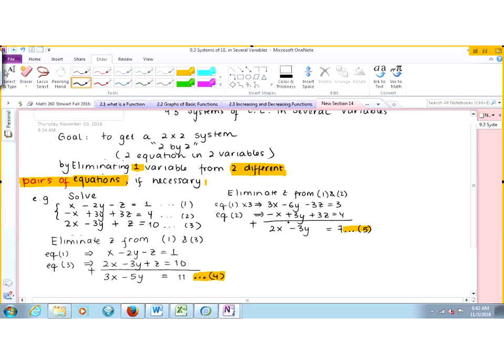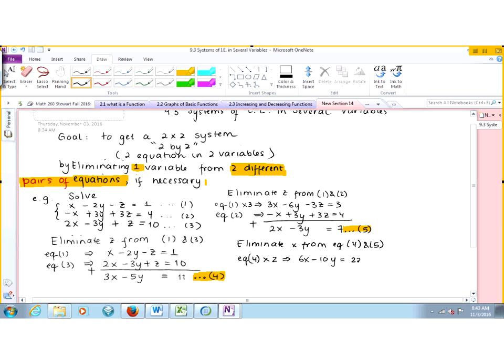What do we do? Yes, so eliminate x or y? X, from 4 and 5. So what do we do to equation 4? We multiply by 2, right?